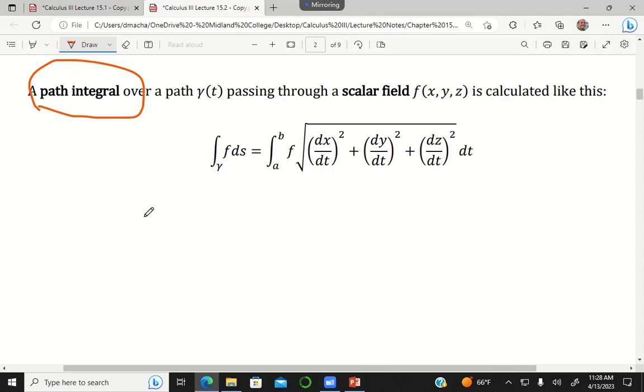And so if you do this in the integrand, that is going to be what gives you the sum of all of the little bits of the scalar field that lie along that path.